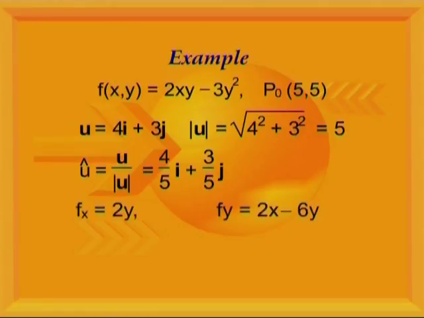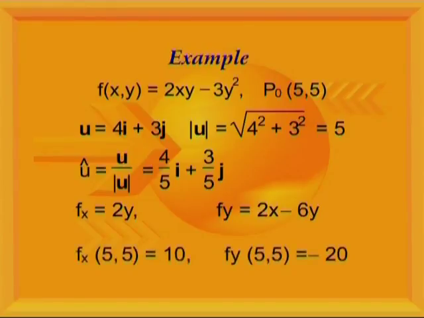And fx means the partial derivative of the function with respect to x, which is 2y, and the partial derivative of the function with respect to y, which is 2x minus 6y, and their values at the point (5, -5)? which are 10 and minus 20 respectively.